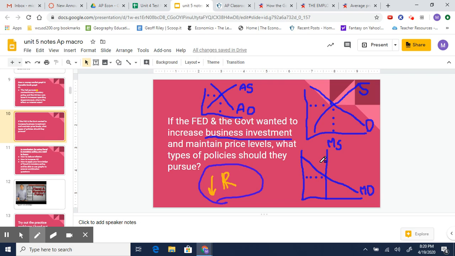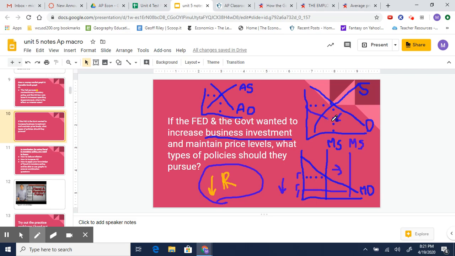So in order to do that, how would you lower interest rates? Well, you're going to buy bonds, lower the discount rate, so on and so forth, which increases the supply of money. There's your interest rate once, and now the interest rate is decreased, so you've met your goal here. And then what the US government's going to do, if they wanted interest rates to fall, is demand less loans.